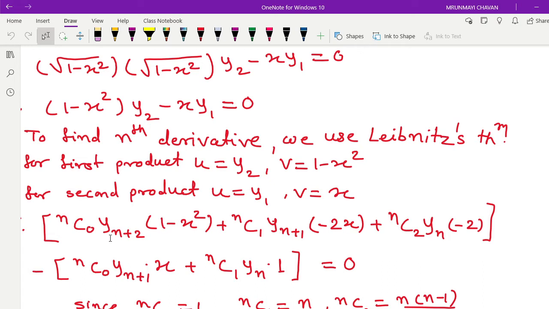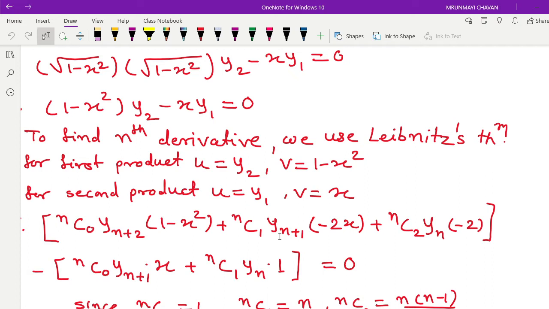So nc0 into yn plus 2 into bracket this v, 1 minus x square, plus the next term is nc1 and the n minus 1th derivative of u.